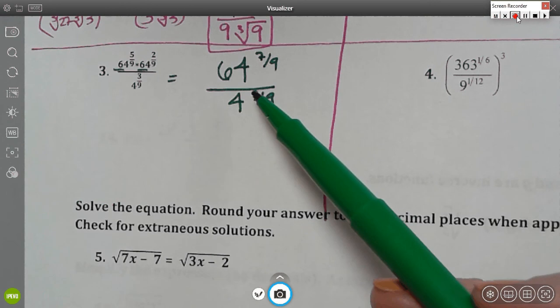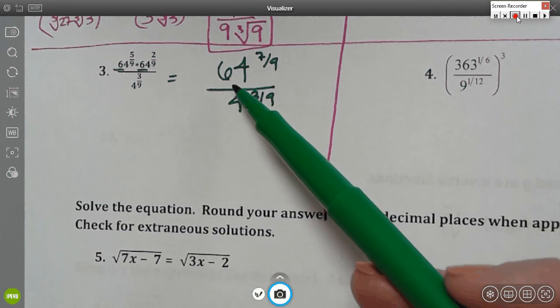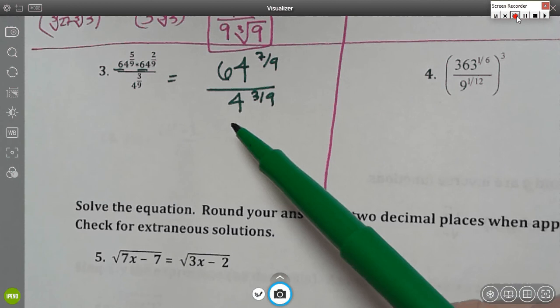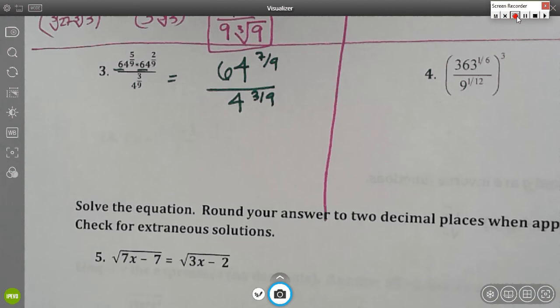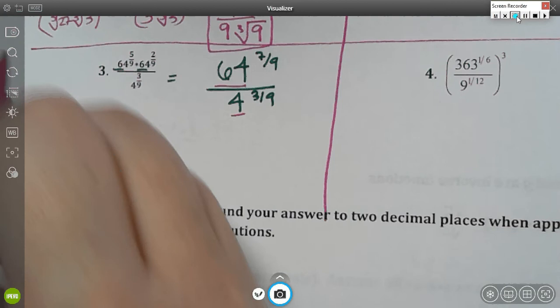But in this case, neither one's the same. So I have to say, well, is there some way that I could rewrite either the 2 exponents or the 2 bases, so that they're the same? And the answer to that is yes, there is a way. And in fact, 4 to the 3rd is actually 64, right?